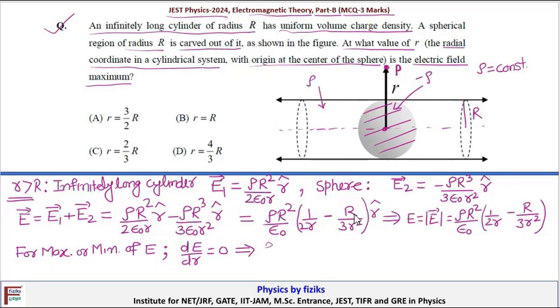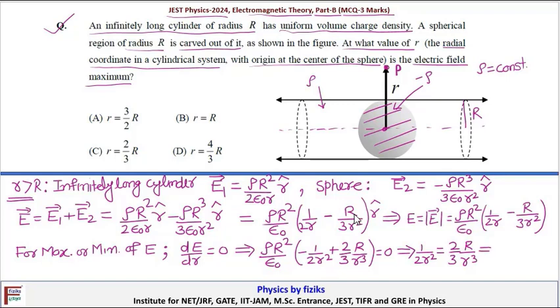So this will be given by rho R square by epsilon naught, and this is minus 1 by 2r square, and this will be plus 2 by 3 R by r cube, equal to 0, and this will give you 1 by 2r square equal to 2 by 3 R by r cube. So if we solve this, we will get r is equal to 4 by 3 R.